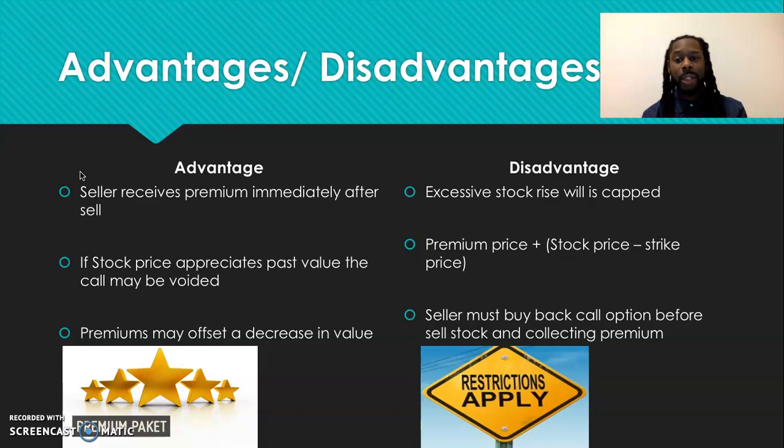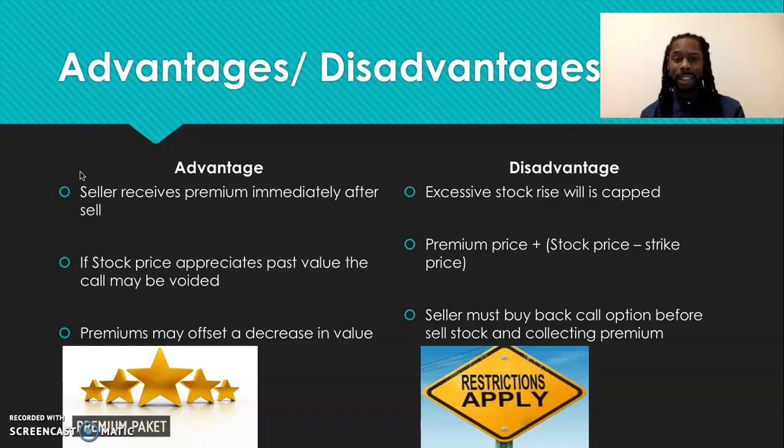So even if the value of the stock decreases, that premium payment will be used first to mitigate the decrease in value before you begin to actually lose any funds.